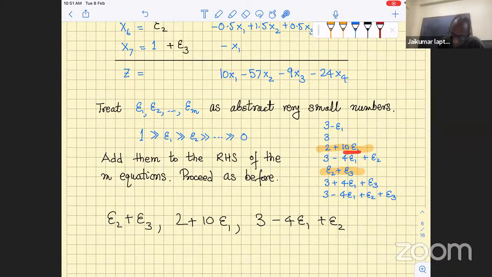It is so small that even multiplying by... but I think this is the wrong way of thinking about it. Let us just say that these are abstract numbers. Scalar dominates epsilon1 dominates epsilon2, etc. In the standard treatment of the lexicographic method, they would call these epsilon squared, epsilon cubed, etc. They are powers of epsilon, so that, like Srijato said, they are like little o of each other.